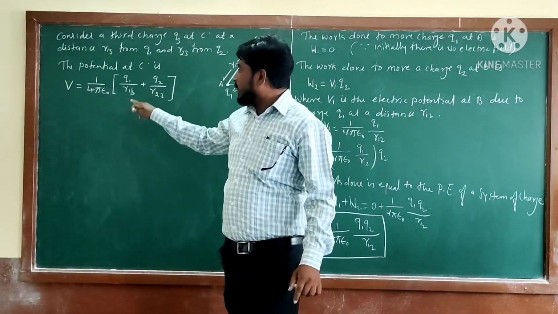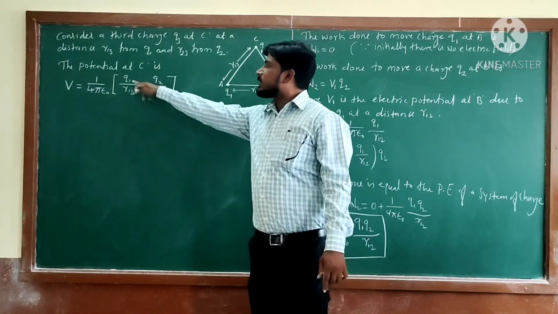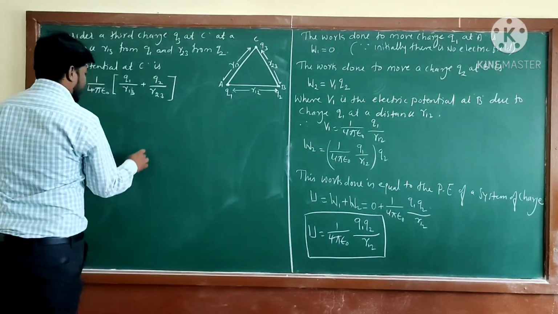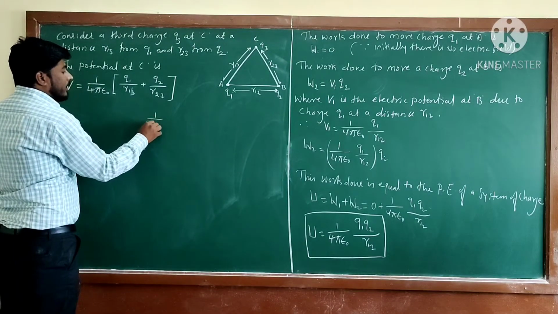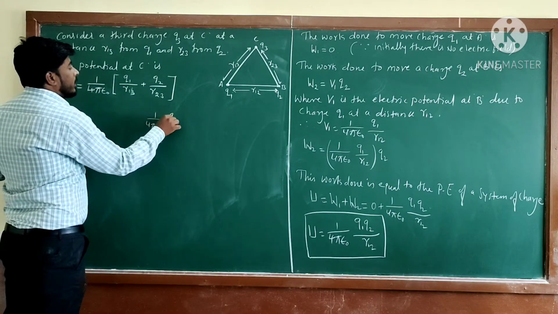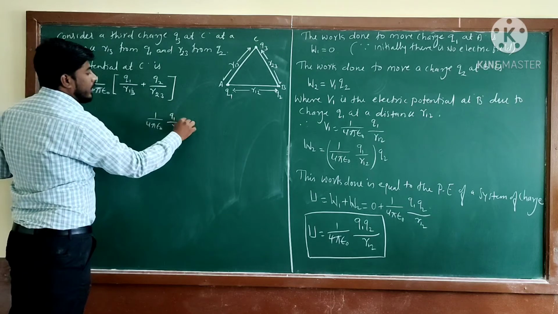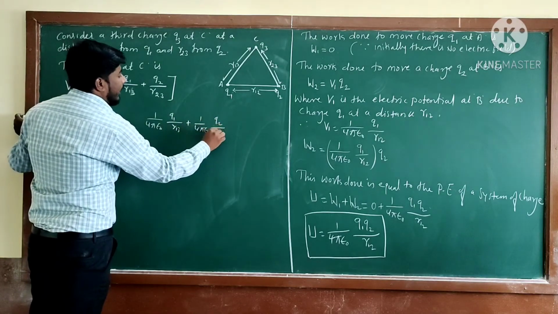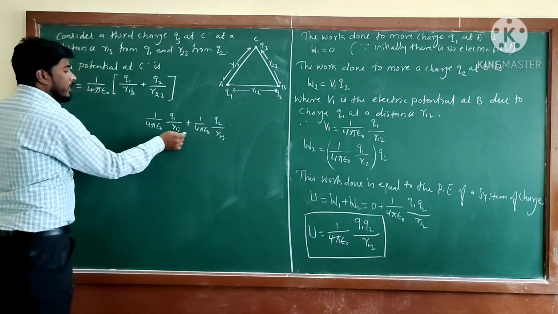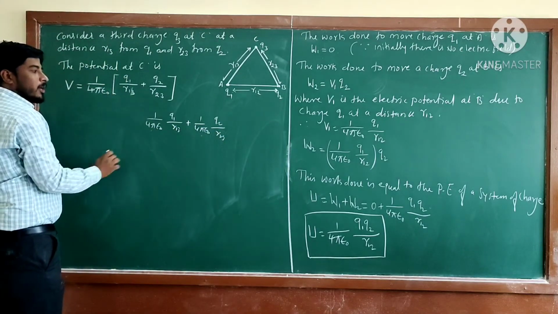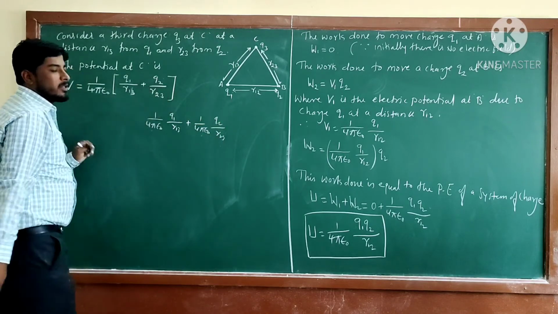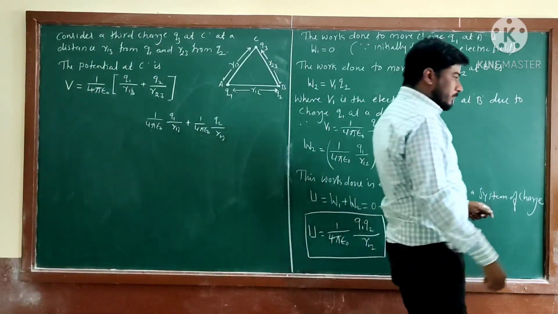This is the potential due to these two charges, Q1 as well as Q2. Separately we can write it as 1 by 4 pi epsilon naught Q1 by R13 plus 1 by 4 pi epsilon naught Q2 by R23. What is common here? 1 by 4 pi epsilon naught. What remains inside? Q1 by R13 and Q2 by R23. That is what I have written here.